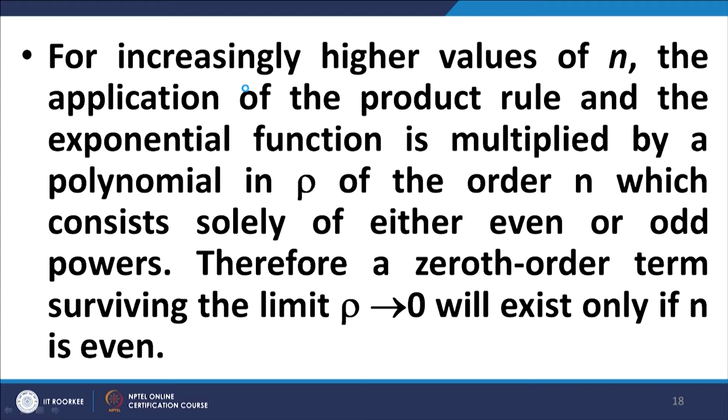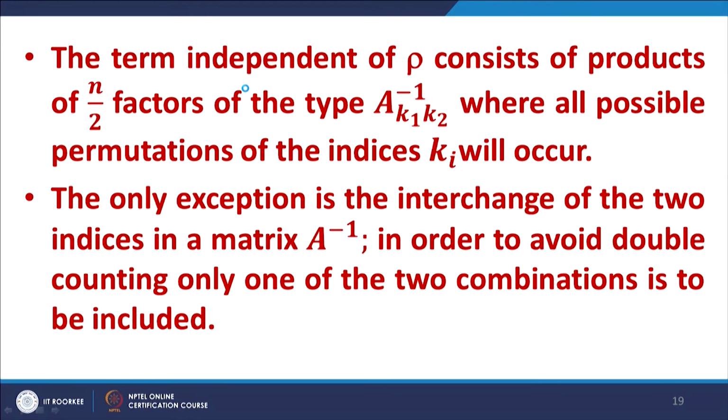Now, the 0th power term remains, which will survive in the case when the limit rho tends to 0 is taken. And however, that 0th term which survives will consist of n by 2 factors of this type.